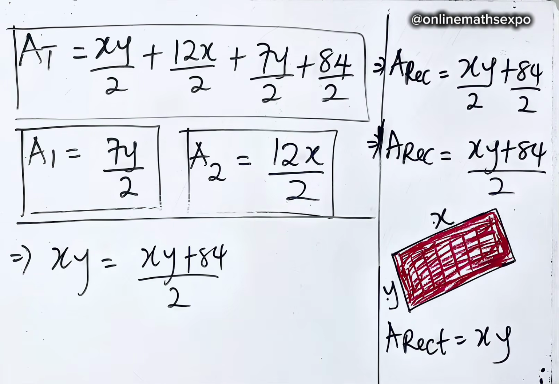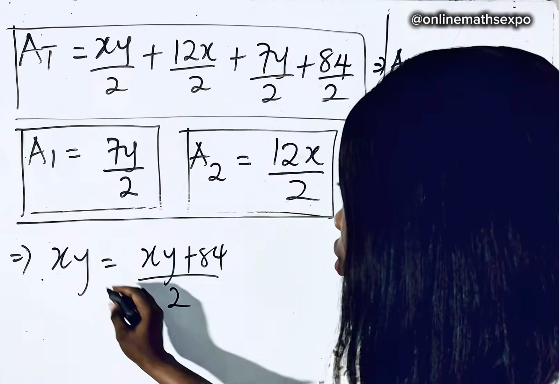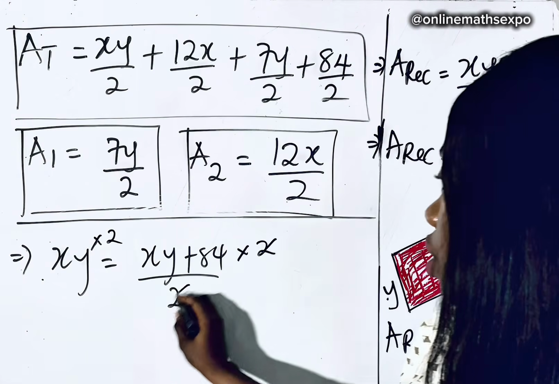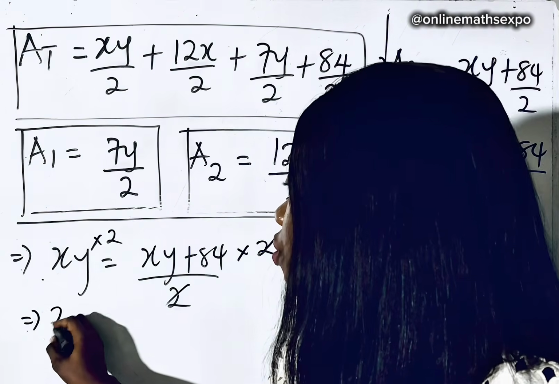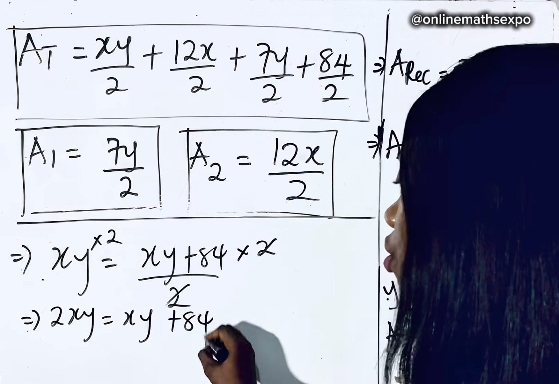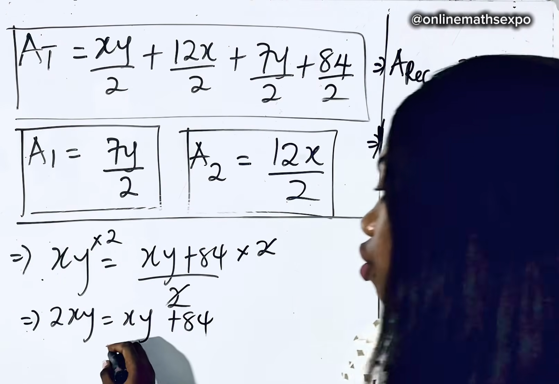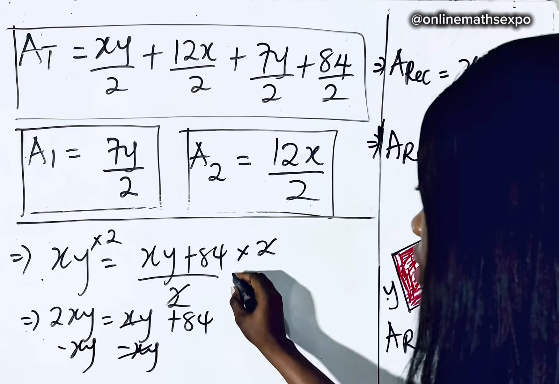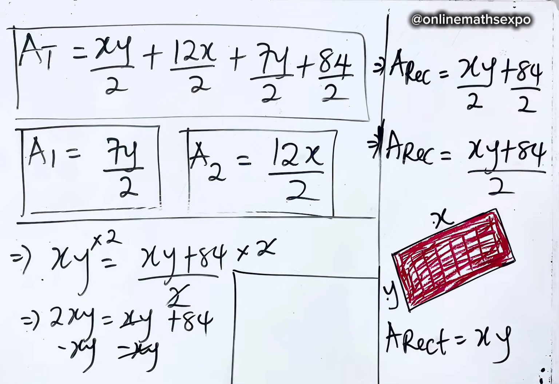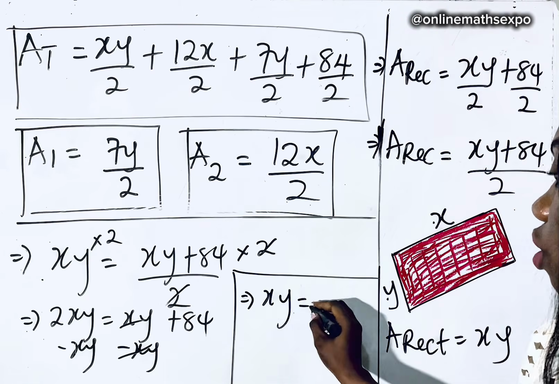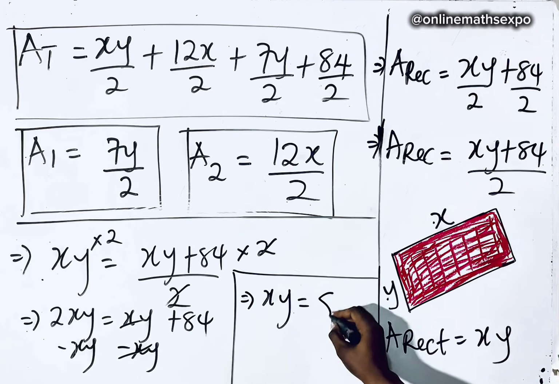So what should we do? We just need to multiply both sides by 2 so that we can clear this. So we have 2xy is equal to xy plus 84. To remove this, you subtract xy from both sides. And when you do that, we have xy is equal to 84.